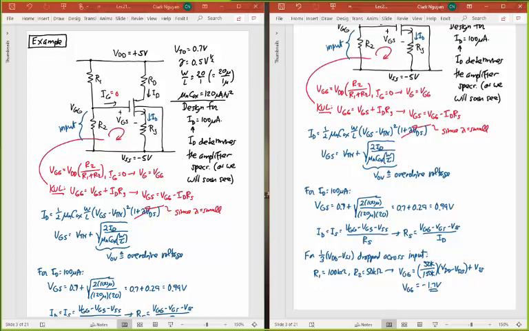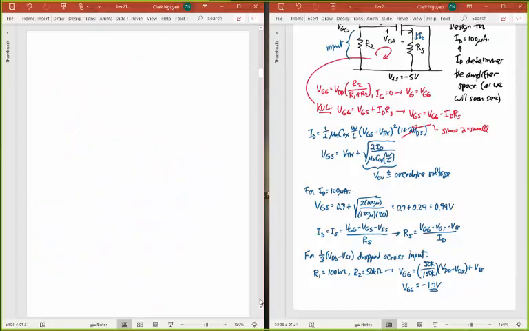And so now I can plug that into this equation up there for RS. Go to the other side here. So now I can finally get RS. Go back to blue.